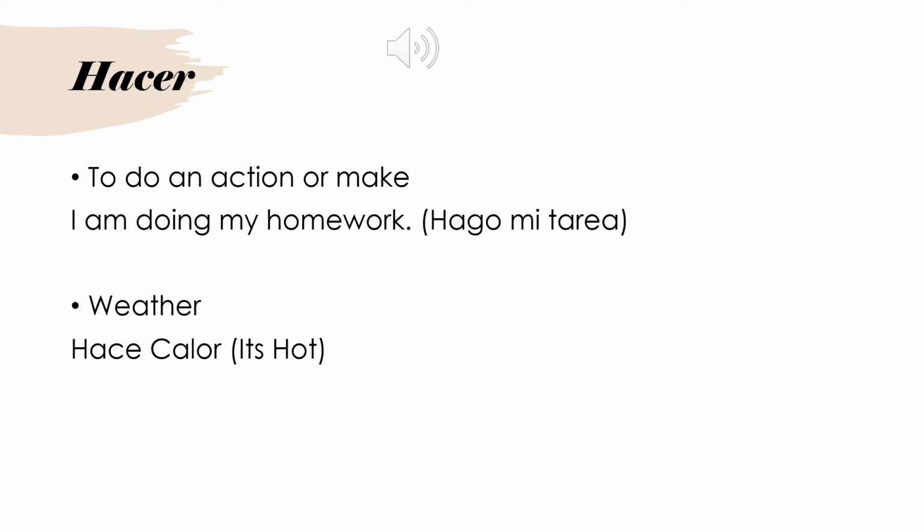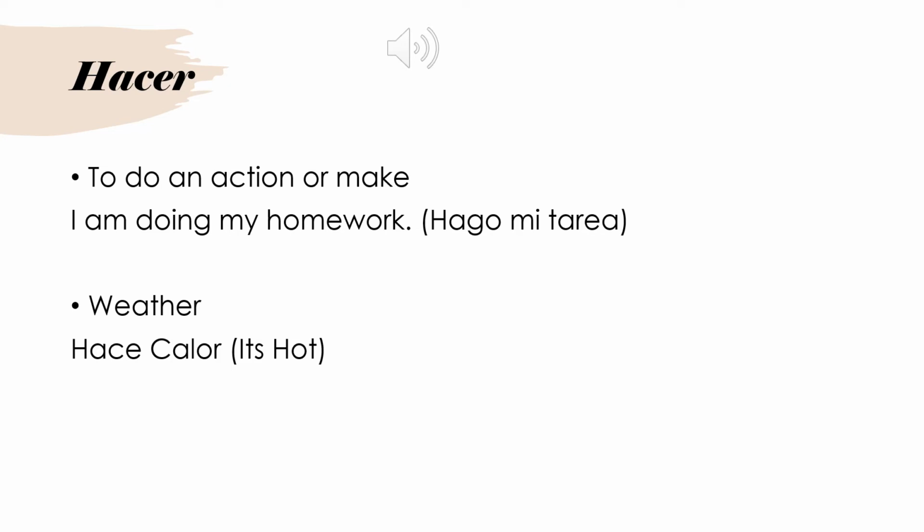Hacer is also a very essential infinitive in Spanish. It literally means to do or to make. For example, I'm doing my homework. Hago mi tarea. So whenever you use hacer as a verb, it is also one of the go-go verbs. And I'm going to further explain what a go-go verb means when I go further along in the lesson. You see hago.